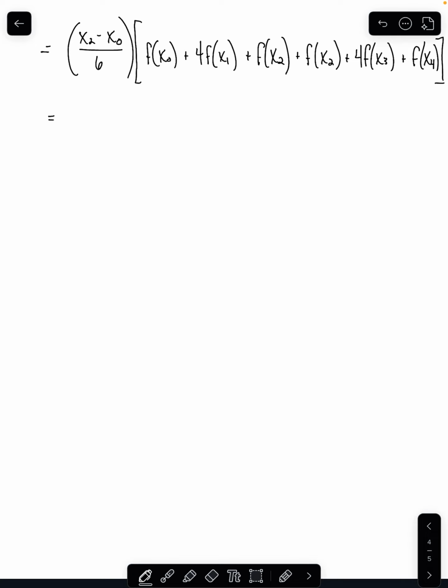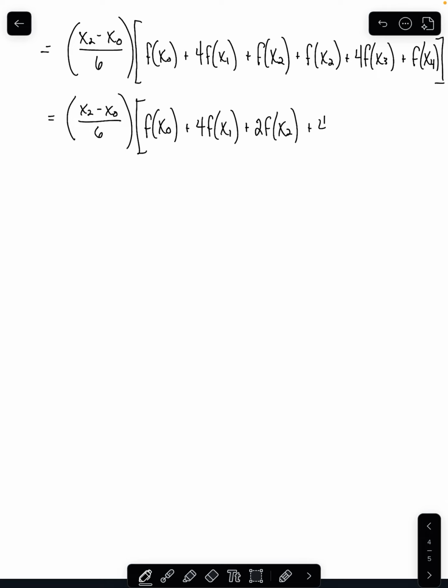And what we have here is x sub 2 minus x sub 0 over 6 times f of x sub 0 plus 4 times f of x sub 1 plus 2 times f of x sub 2 plus 4 times f of x sub 3 plus 1 times f of x sub 4. This would be a formula to give us the approximated area.